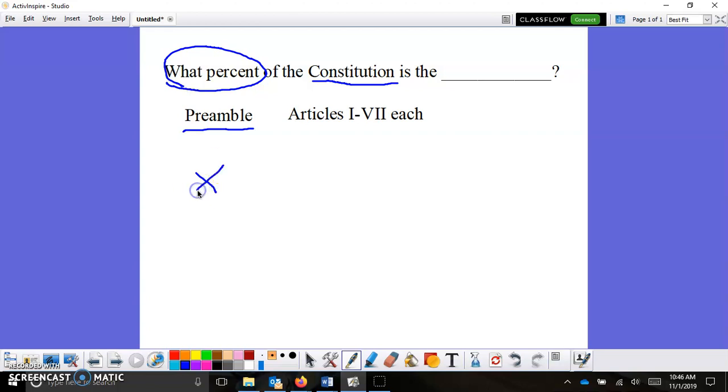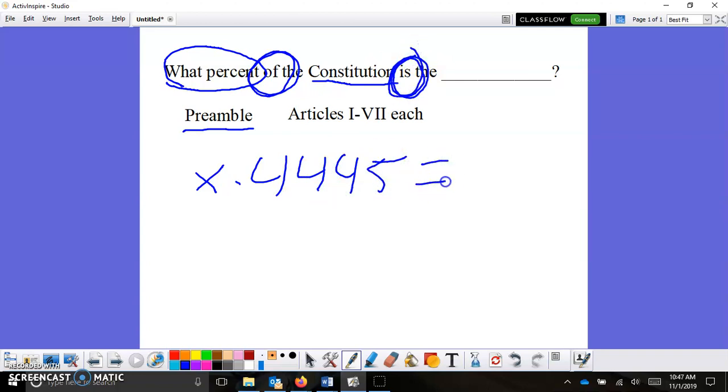So we'll just go ahead and use x, because x is always our friend, right? Then to know what other keywords to look for, and maybe you've looked at this, maybe you haven't, of always means multiplication. So it's a dot or an x. If you're using x as a variable, dots are usually a little bit easier, right? Of the Constitution, so it's 4,445. And then your other keyword is always equals.